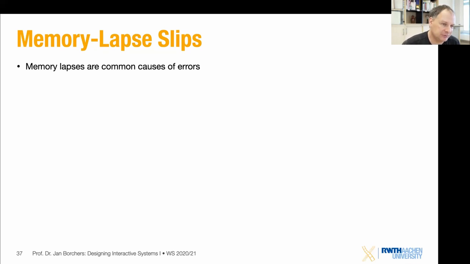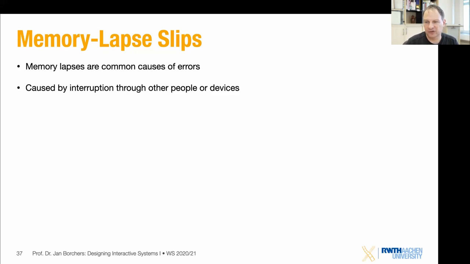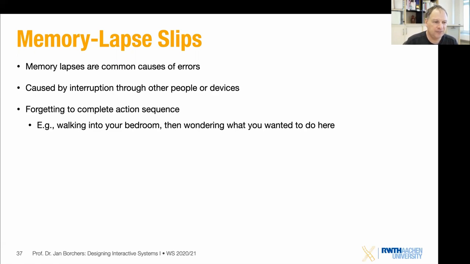So memory lapse slips are the next kind. They are a very common cause of errors. They're caused by interruption through other people or devices, like I was just mentioning when suddenly the phone rings. I bet you guys have been there, right? You walk into your bedroom from your kitchen and then you're like, wait, what was I going to do here?